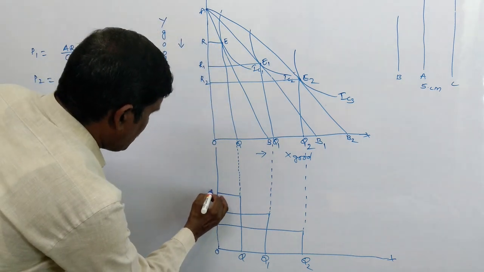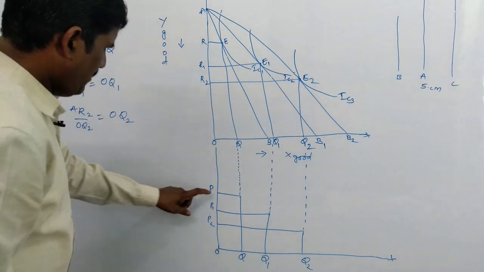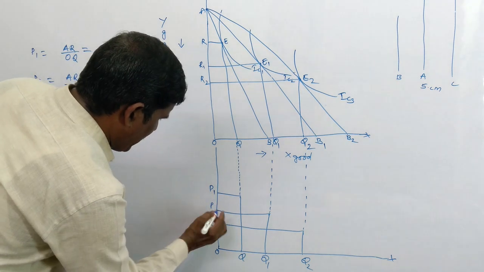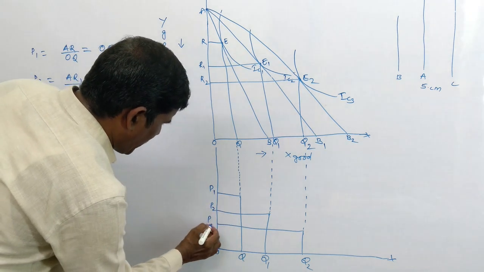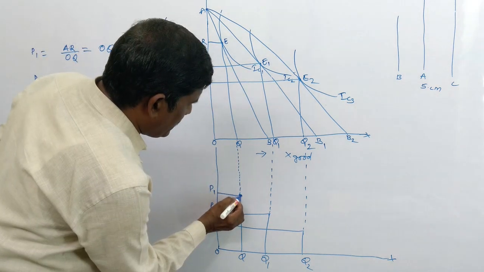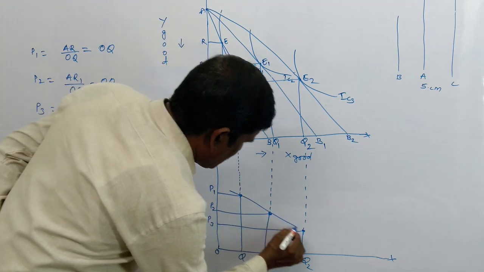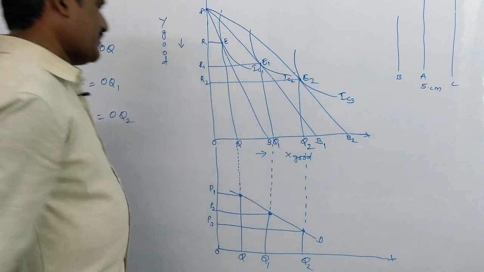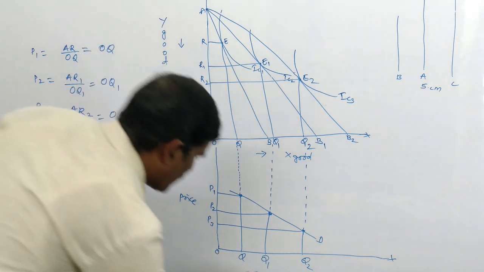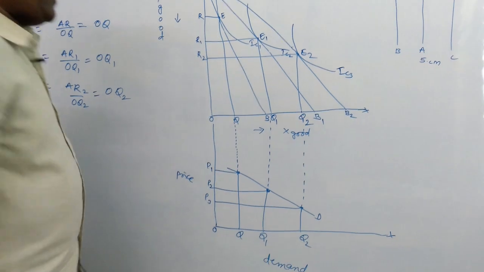This is P1, P2, P3, whatever you think. Numbers are not important. The concept is important. Then when we join all the points, this is the demand curve. Here, this axis represents the price of the commodity, and this axis represents the demand of the commodity.